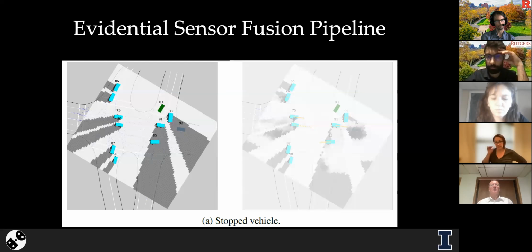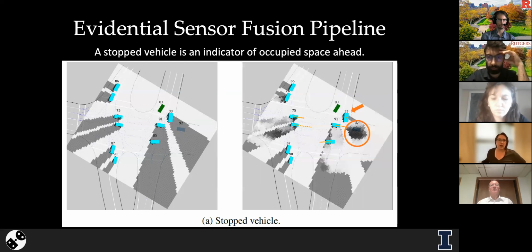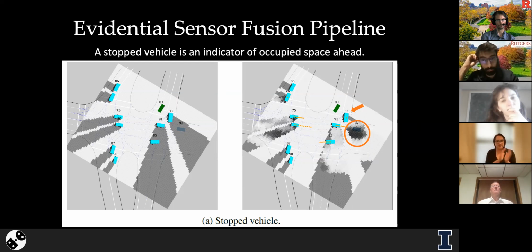So nominally we would just wait. But for this key agent here, we see that it is stopped. And from that, we can infer that there's actually an occluded agent here. So we are able to make a reliable inference about what's going on.